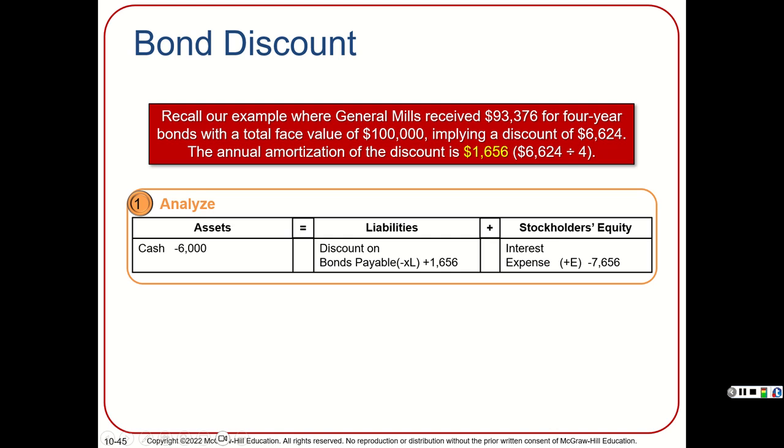Now this makes sense that the interest expense is going to increase because these are the skeptics that didn't want to put in the full price. So what's happening here is the discount has to be amortized. It has to go somewhere.